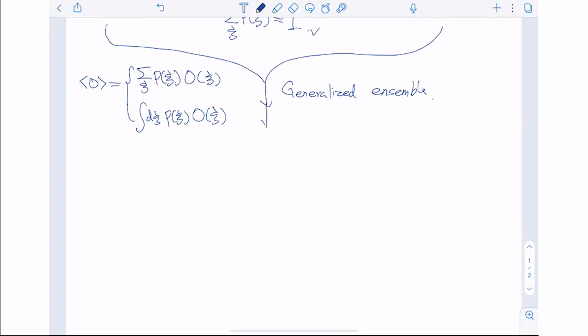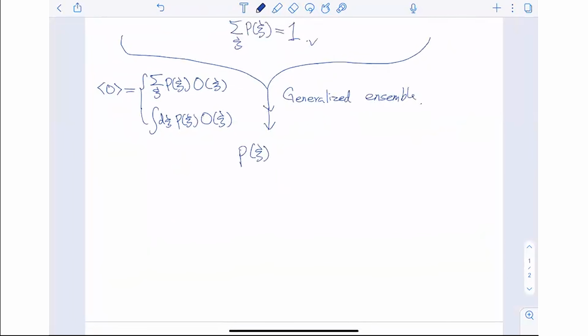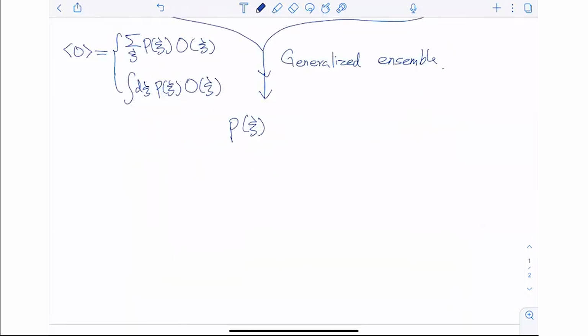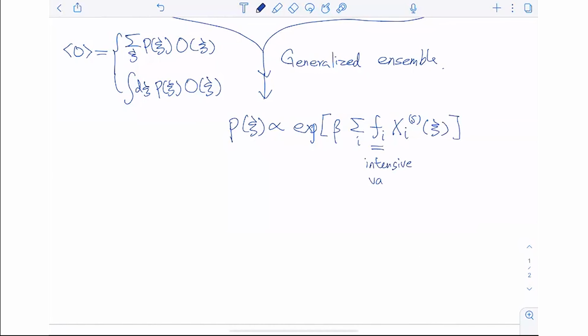So in this generalized ensemble framework, the probability is actually proportional to a factor involving the intensive variable that is kept fixed and the corresponding extensive variable of the system.